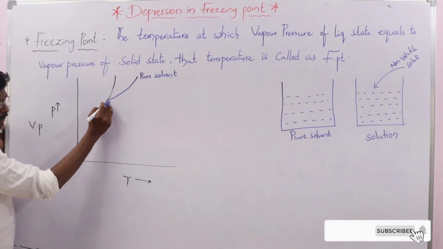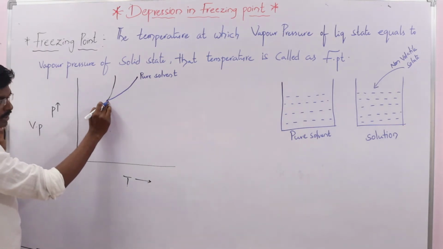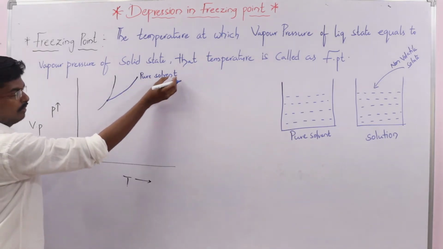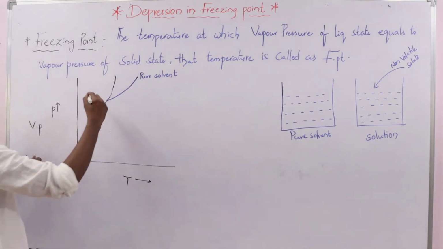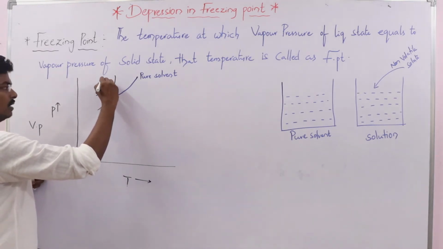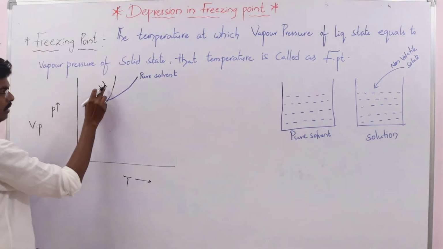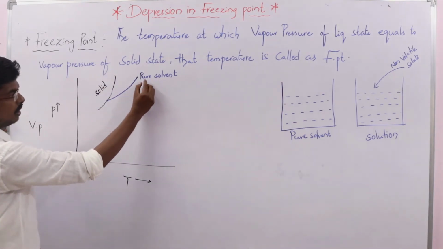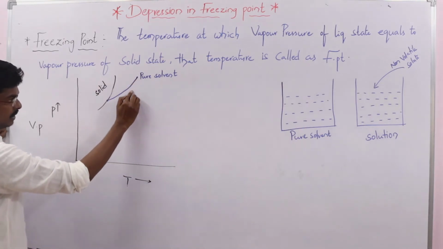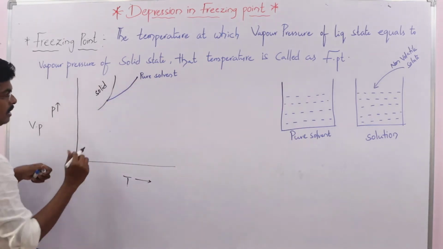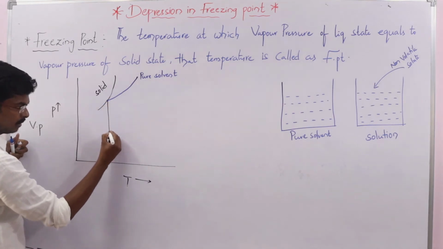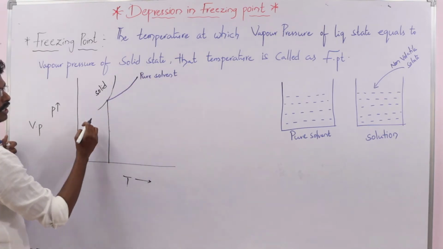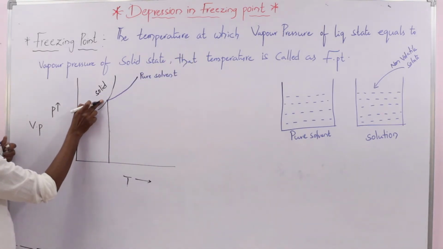At this particular temperature, the vapor pressure of the pure solvent in the liquid state equals that of the solid state. The solid curve is represented in black. For the liquid, the pure solvent vapor pressure is usually greater, and as temperature decreases it decreases.